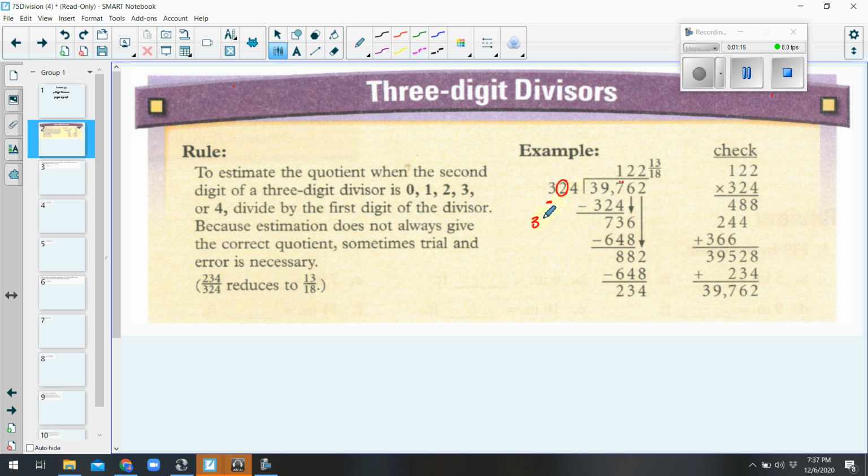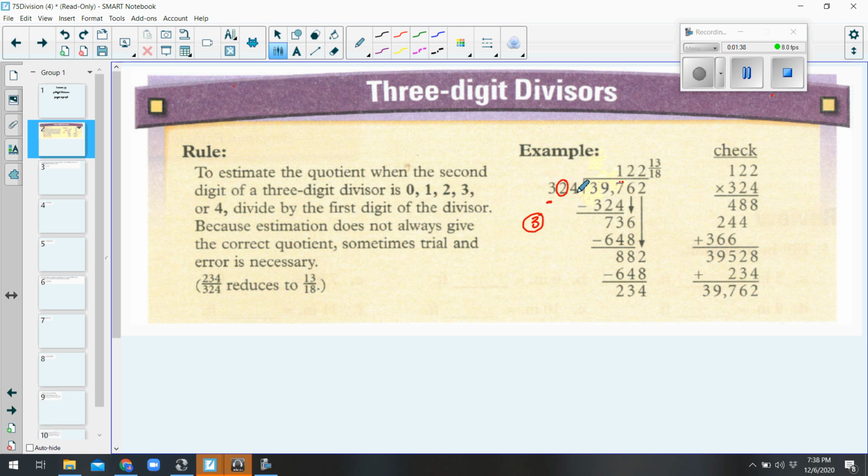It will be your guessing or your estimating number. Then you're going to ask yourself, will 3 go into 3? Yes, it will. And then you ask yourself how many times? It goes one time. So you're guessing that 324 will go into 397 one time. And then, of course, you go through the rest of your steps of your division.